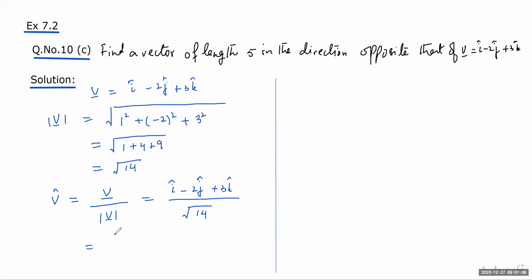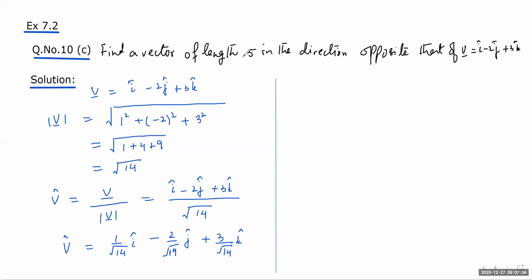As a result, I can write it as 1 by square root of 14 into unit vector i, minus 2 by square root of 14 into unit vector j, and then plus 3 divided by square root of 14 into unit vector k. So this is a unit vector along the given vector V.